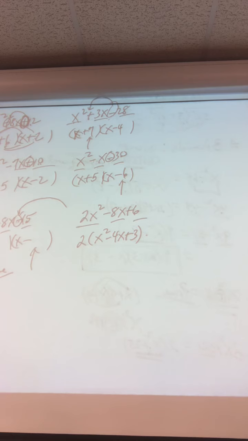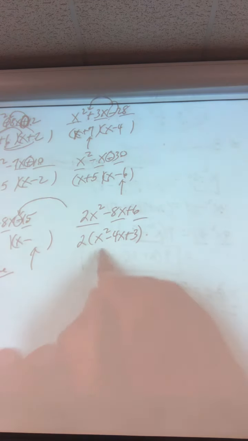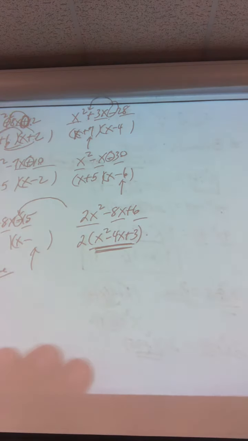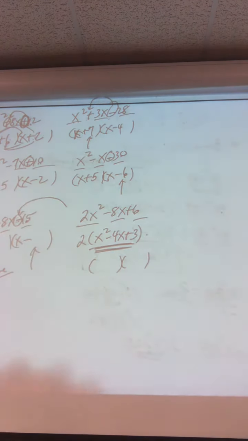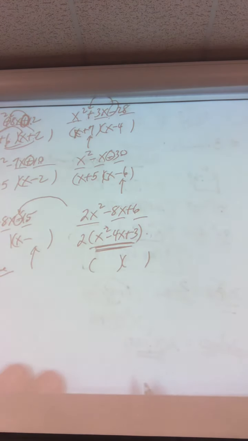But remember, when we factor, we want to completely factor it. So if this factors again, I want to do that. Well, will it? I have no clue. If it doesn't factor again, I will circle this right here. If it does factor again, I will factor it again. Well, let's see if it will.